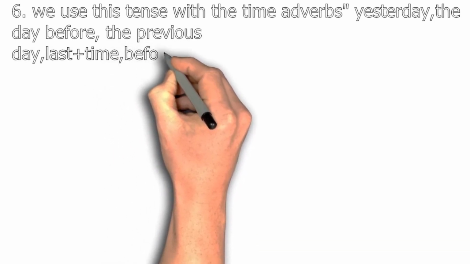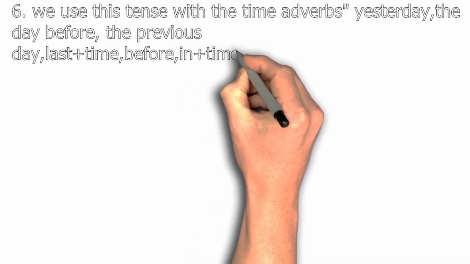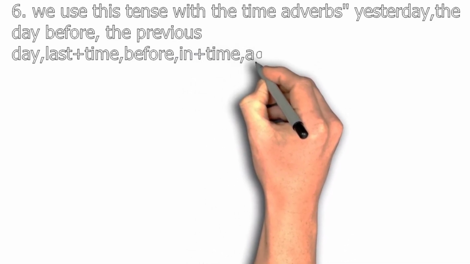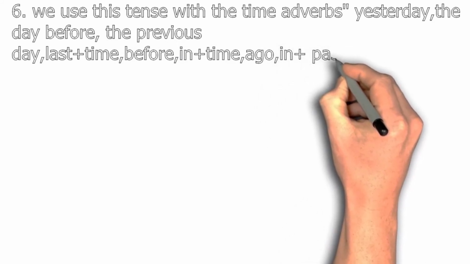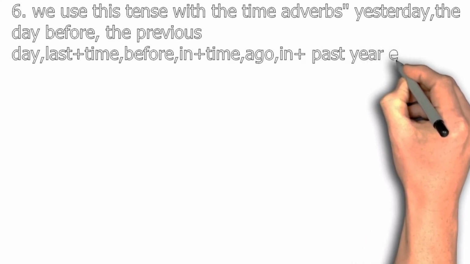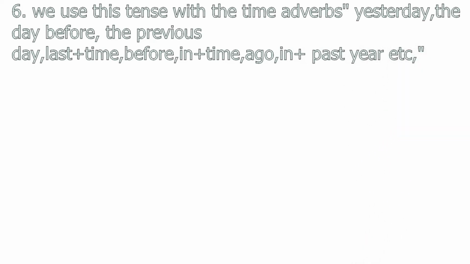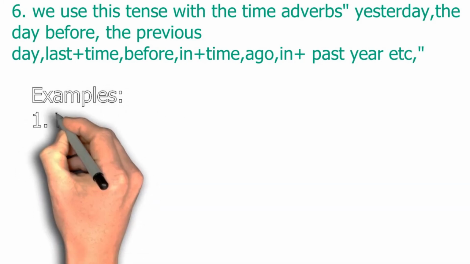Okay, before, in plus time, similarly ago, or in plus past year, in 2001, in 2005, like that. If we find such time adverbs, then we have to use simple past tense.